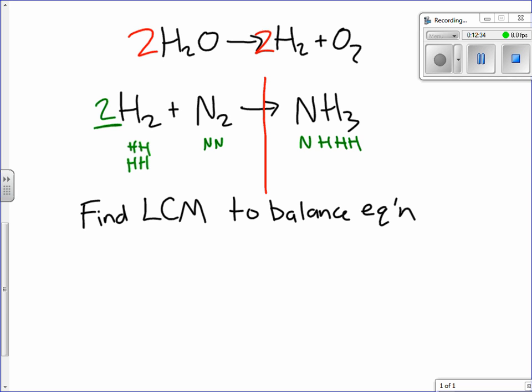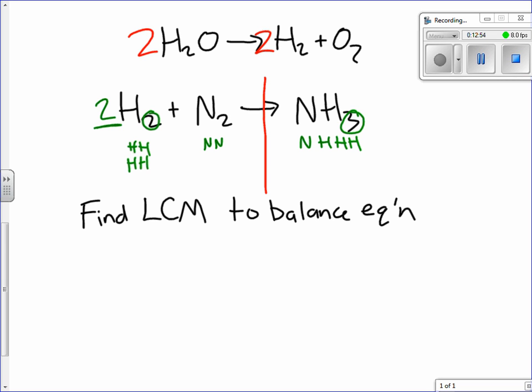What I mean by that is the least common multiple that would give you the same amount of hydrogen, in this case, on both sides of the equation. So we're looking for the least common multiple of 2 and 3, the lowest number that you could multiply both of those to reach, which is 6.